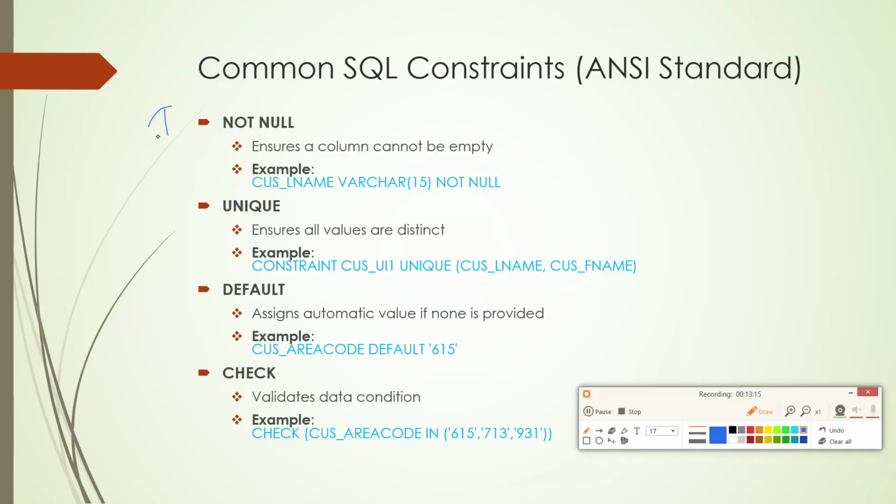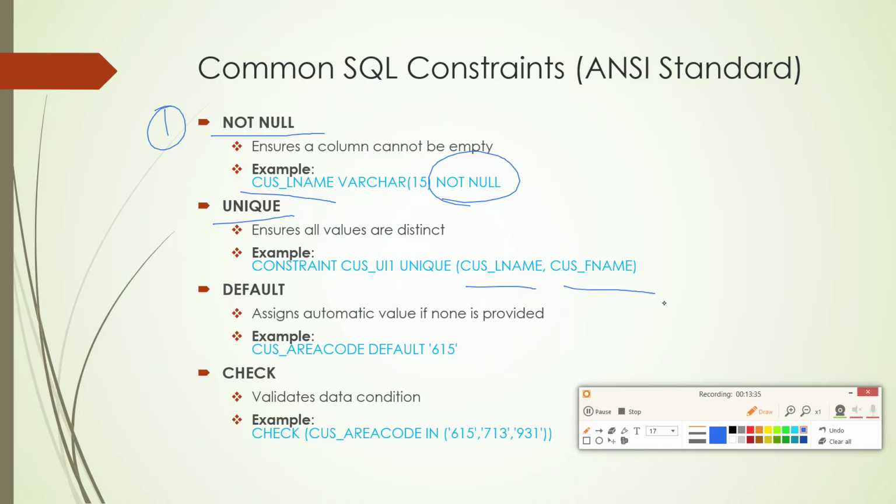Cust ID must take a value if we write not null in front of it. Unique means that customer last name and customer first name should not be repeated for two persons in the same table.